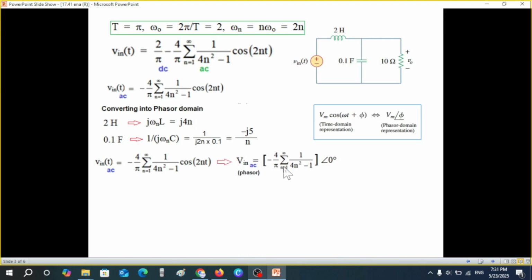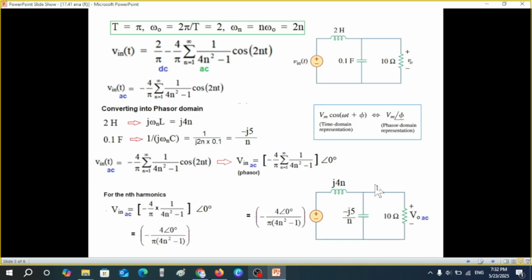So in phasor form, it will be the whole magnitude, angle 0. Now we just take the nth harmonic, so the summation sign will go. We're just taking one harmonic. So this will be our input signal for the nth harmonic. We can rewrite it neatly by multiplying this, and this sign comes here. So this is a neater form of Vn.